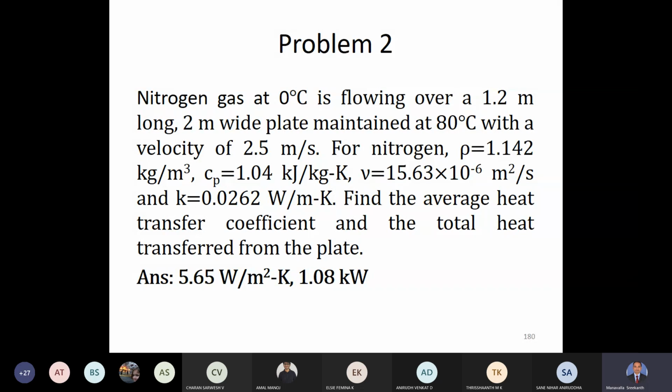In any problem of this nature, especially flat surfaces, the first thing you check is whether the flow is laminar or turbulent. But even before getting that, the best way is to start with a schematic diagram. So we have a surface temperature of 80 degrees Celsius.